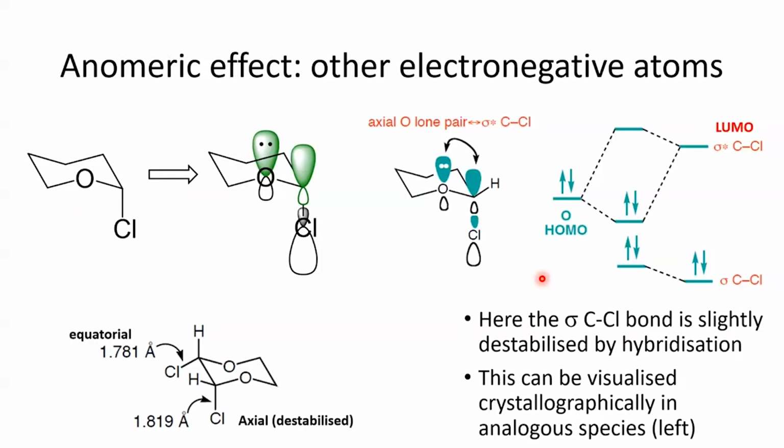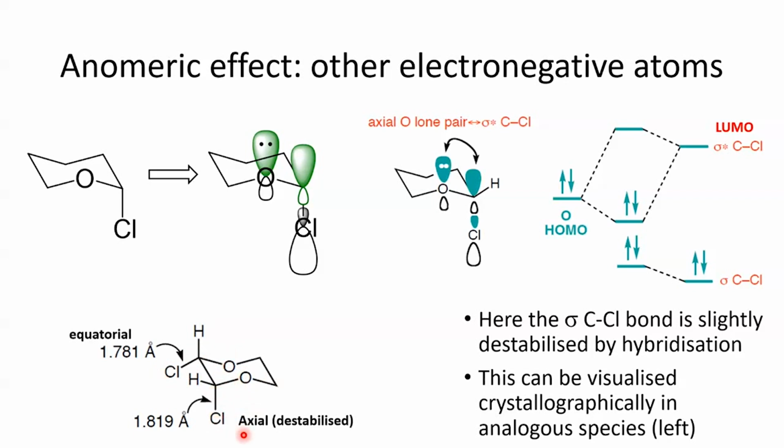As I alluded to before, it's not just for oxygen, other electronegative atoms benefit from the effect as well. So if we look at this molecule shown down here, we have two chlorine atoms, both of which are adjacent to an oxygen, that can be the lone pair donor. One is positioned in an equatorial position, the other is shown in an axial position that could benefit from the anomeric effect.